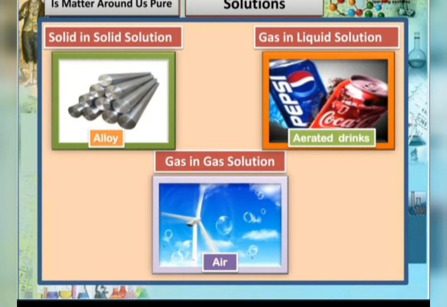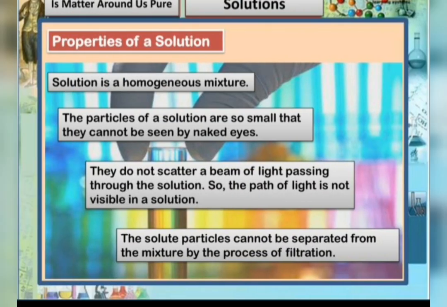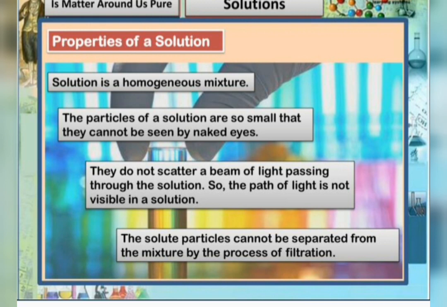Now let's discuss the important thing of solution, that is the properties of a solution. Important characteristic properties of a solution: first, a solution is a homogeneous mixture. It means the mixture is the same throughout, it has no visible boundaries. Second property is that the particles of a solution are so small that they cannot be seen by naked eye.